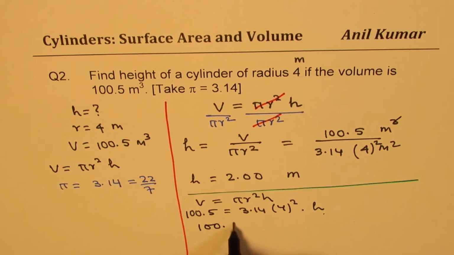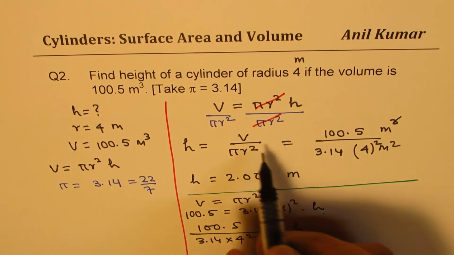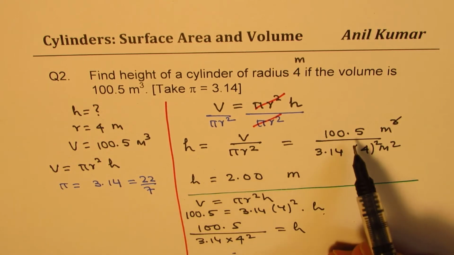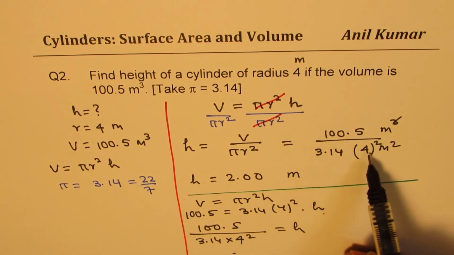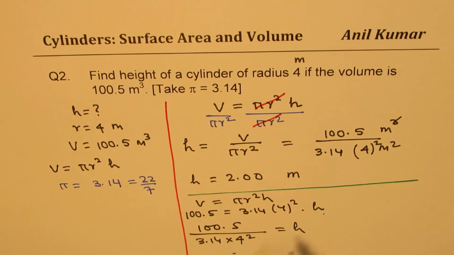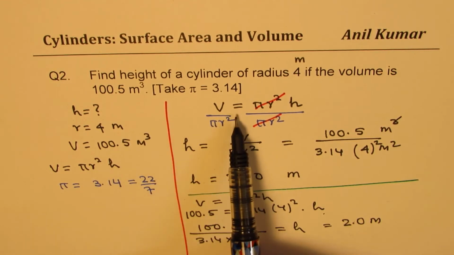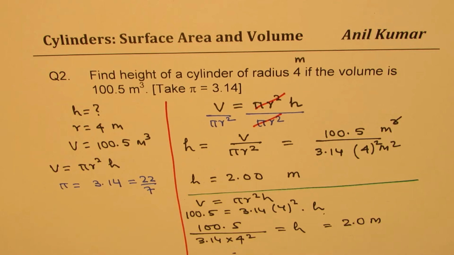It should be 100.5 divided by 3.14 times 4 squared. This is exactly what we calculated. Do you see that? 100.5, and 3.14, 4 squared in the denominator. Perfect. So you'll again get 2.0 meters in your answer. So it is not necessary to rearrange the formula. You can substitute the values and find the result just as we did.